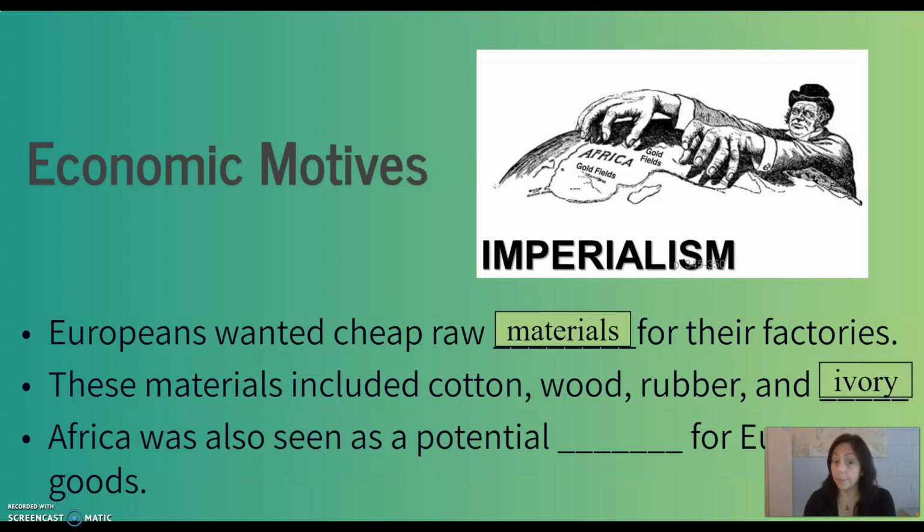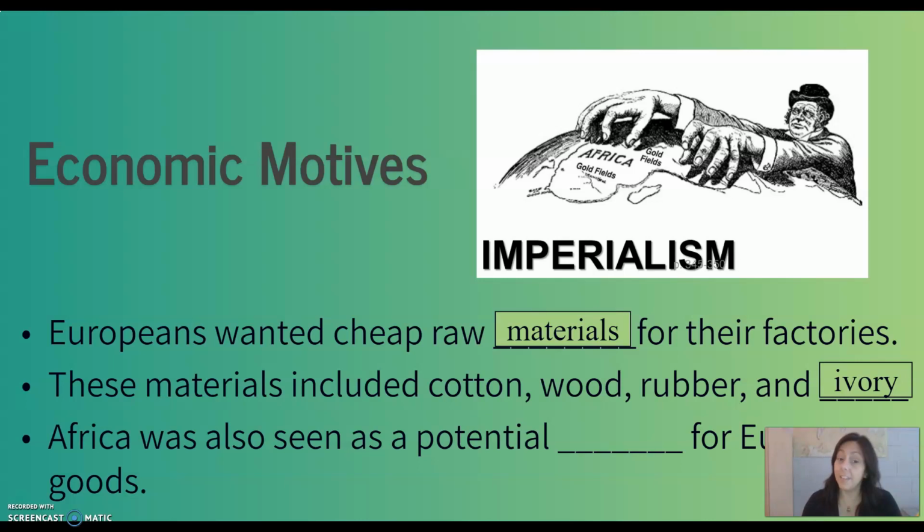These materials include cotton, wood, rubber, ivory. Ivory comes from tusks of elephants, rhinoceroses, and even narwhals. Ivory is used for piano keys, for jewelry, for other things, but these are materials that they can use to create goods that they can then sell.